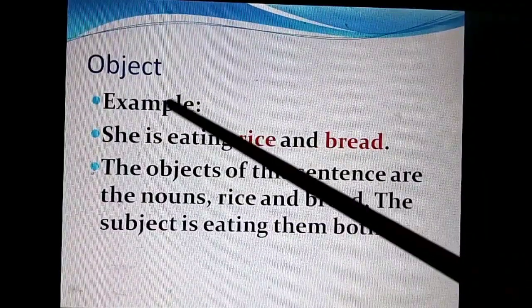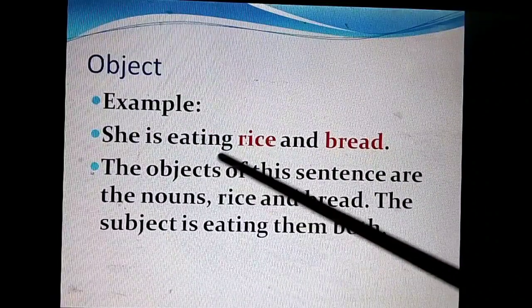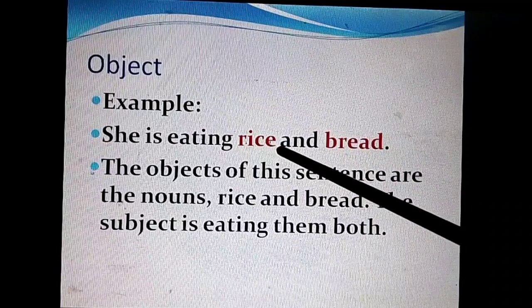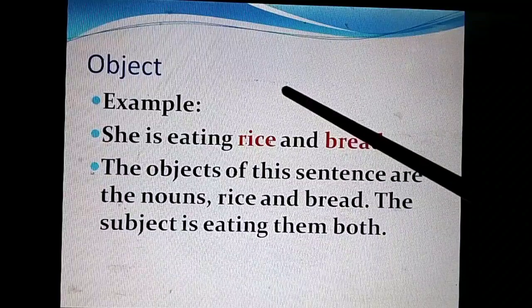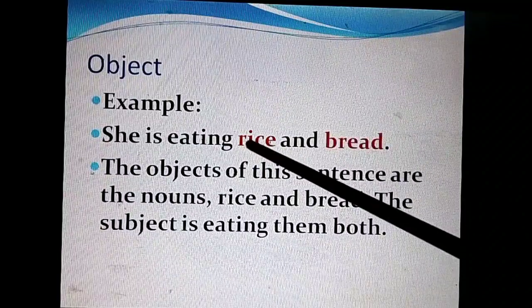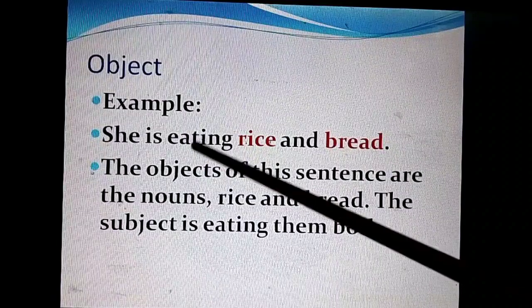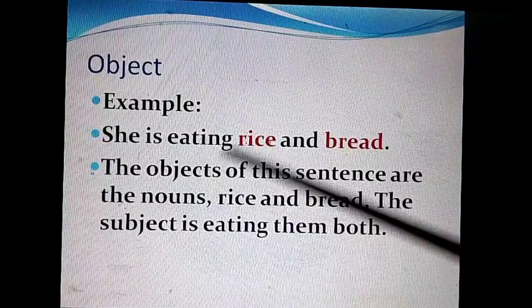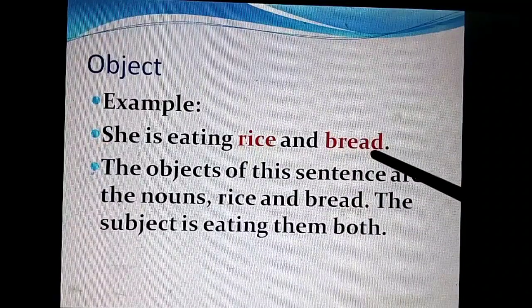Let us continue with another example of object. She is eating rice and bread. What is the difference between this one and the previous one which we have just seen? Yes, you are right. Here there are two objects. She is eating rice and bread. So rice, one object, bread, another object.